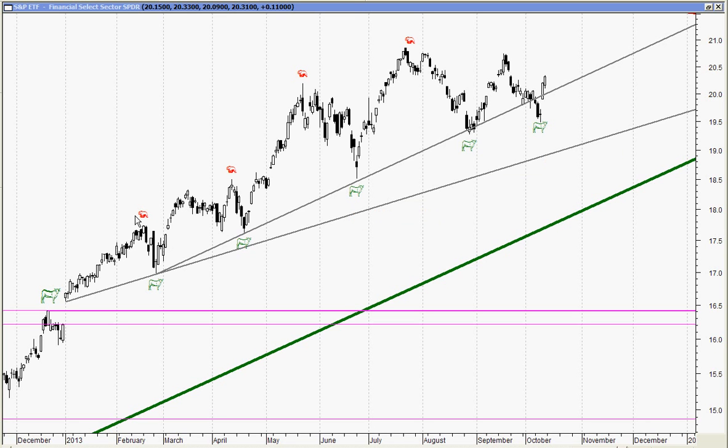On the other side, the bears: February high, low, new high. April high, new low, and new high in May. Then May high, June low, July high, August low, September high, October low, and maybe new highs in November, if the trend continues. All in all, a very good upside trend.